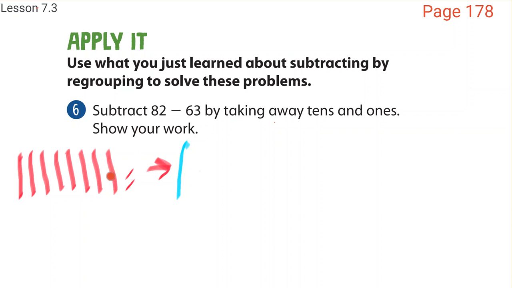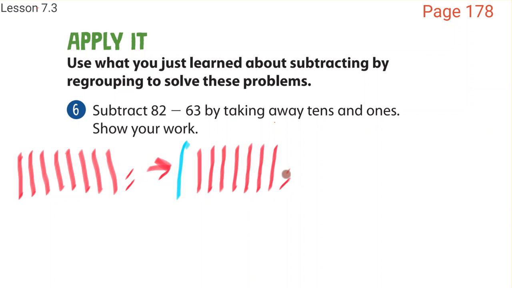So let's say this 10 right here is how many ones? It's 10 ones. So then we have to write out 1, 2, 3, 4, 5, 6, 7 10s. This 10 is 10 ones.